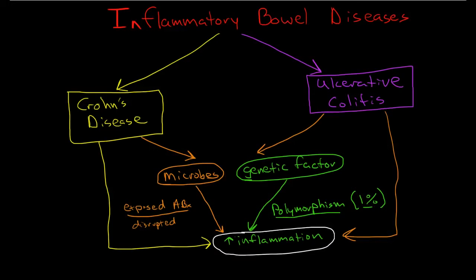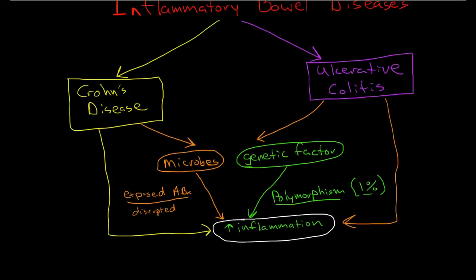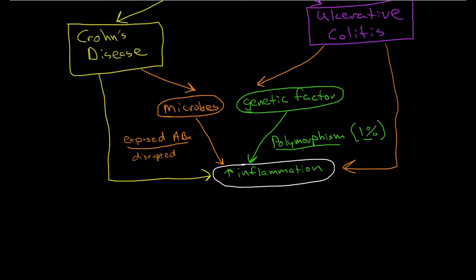Now, Crohn's disease and ulcerative colitis are both inflammatory diseases, but Crohn's disease can impact anywhere in the GI tract, from the mouth all the way down through the stomach and the small bowel and the intestines, all the way down to the rectum.